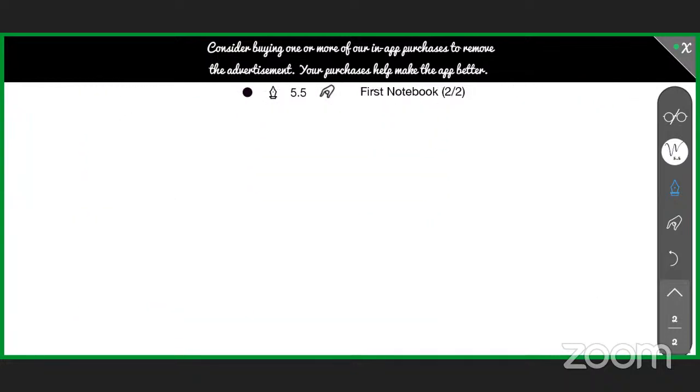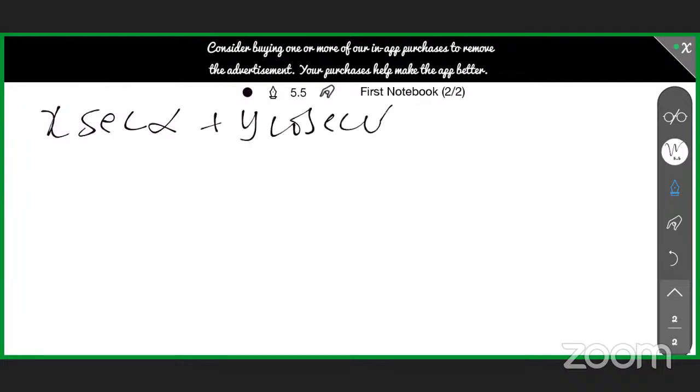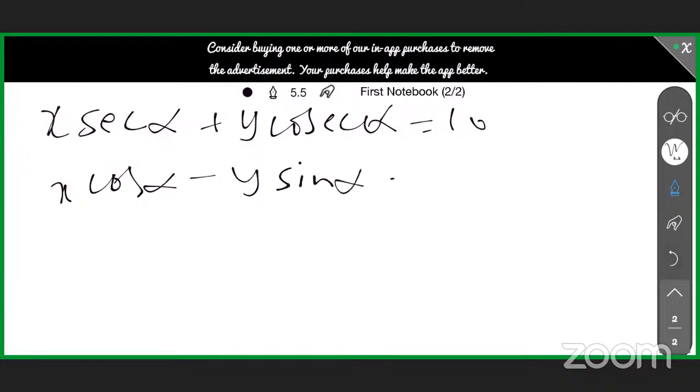That means they are giving perpendicular distance again. P and Q are the lengths of the perpendicular from origin to the straight lines x secant alpha plus y cosecant alpha is equal to tan alpha, and x cos alpha minus y sin alpha is equal to 10.